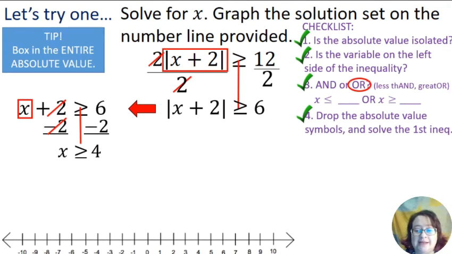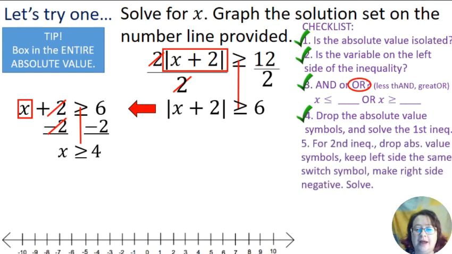For our last step, we drop our absolute value symbol, keep the left side the same, switch the symbol, make the right side negative, and solve. So we take our inequality, we keep the left side the same, we switch the symbol and the sign for 6. So it becomes less than -6.